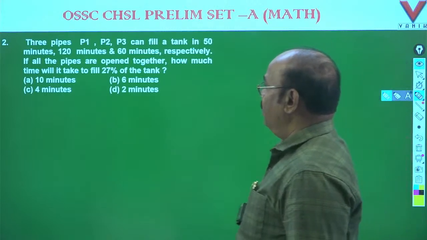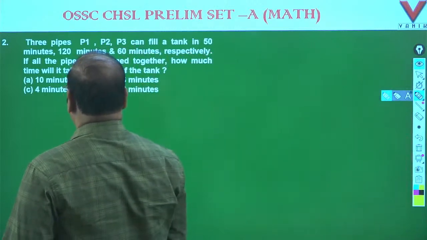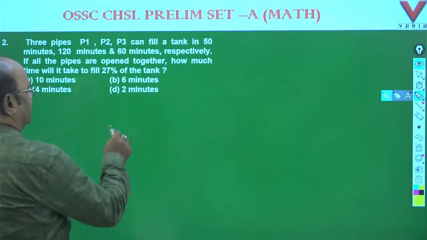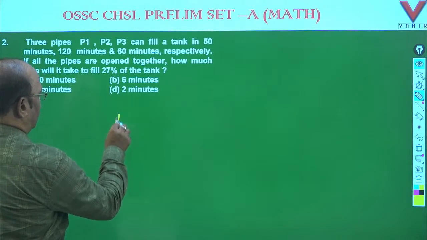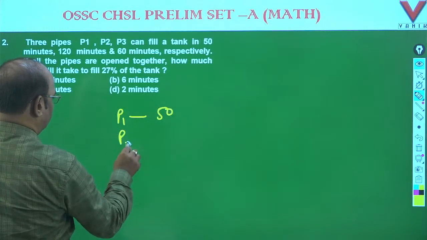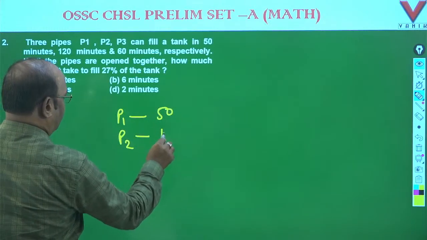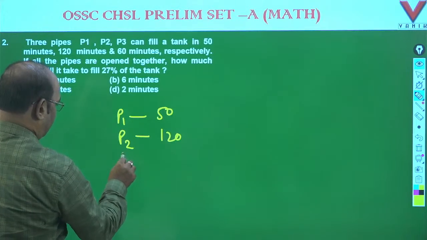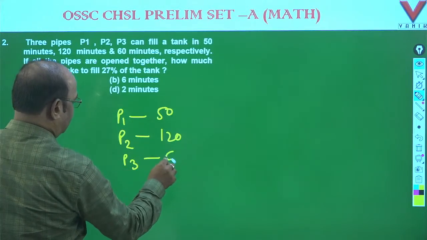Three pipes P1, P2, P3 can fill a tank in 50 minutes, 120 minutes, 60 minutes. Take the LCM. P1 50 minutes, P2 120 minutes, and P3 60 minutes.